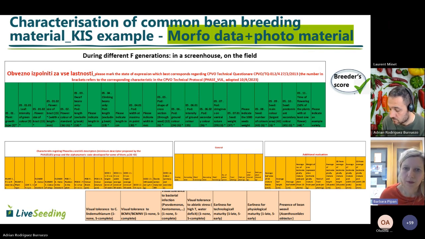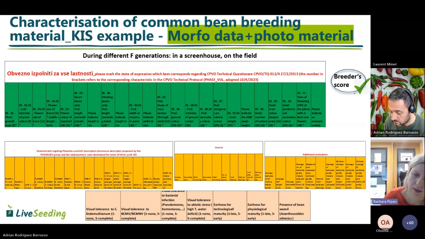And these traits and descriptors are associated with different parts of the plant. There are traits associated with the general habitus, with leaves, with pods, with flower, with seeds, and at the end, of course, with yield.